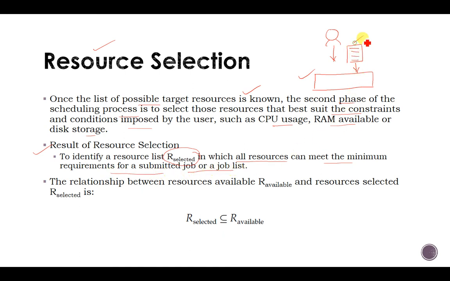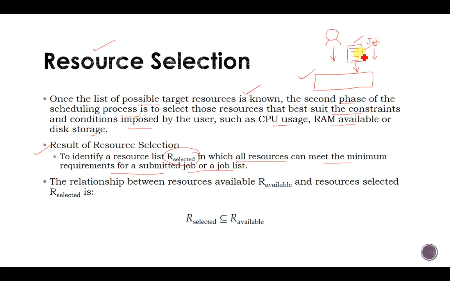Whatever requirements you have specified in your job, because this job is going to be submitted to the scheduler, the scheduler has to select resources which can satisfy these requirements. The requirements we have already talked about: CPU usage, meaning the CPU speed, how much RAM you need, and the disk space you need.